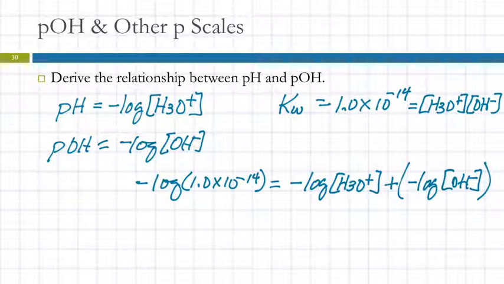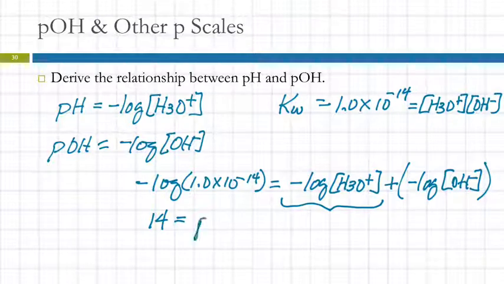So what's the negative log of 10 to the minus 14? 14, right? The log of 10 to the minus 14 is minus 14, and we change the sign and we get 14. So that side is equal to 14. What's a more convenient name for that term? pH?